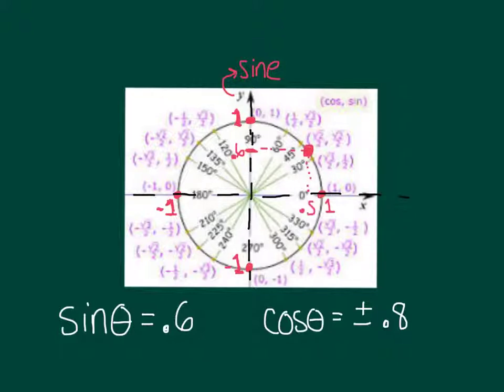We'll say that's 0.8. Or I could have gone to the left and found one right there, which would be negative 0.8. So you can see from the unit circle, for one y, we have two x values that would work, which is why we get two answers for the cosine.